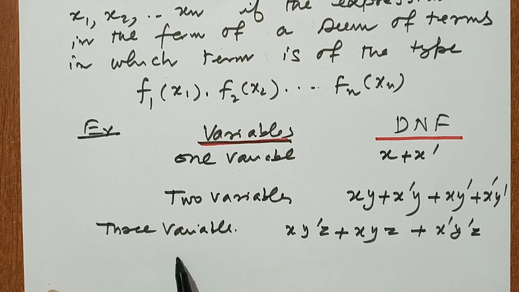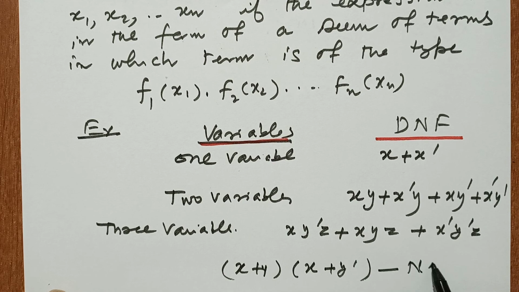So here, if we take x plus y dot x plus y dash, so this is not DNF. Okay, because here product.